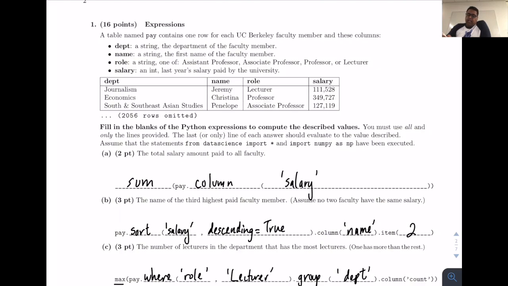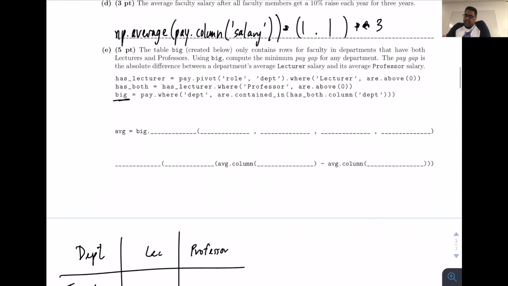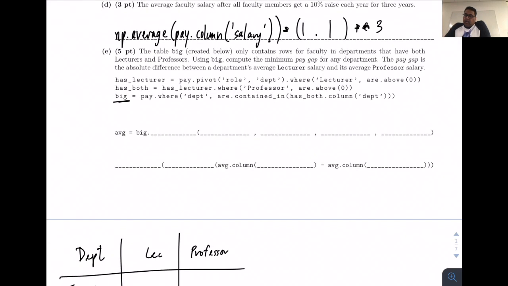And I'm underlining them here because these are the words we see, not necessarily indicative of what these departments have. So what we want to find is the minimum pay gap for any department. And what that is, is the minimum absolute difference between a department's lecturer salary and its professor salary.